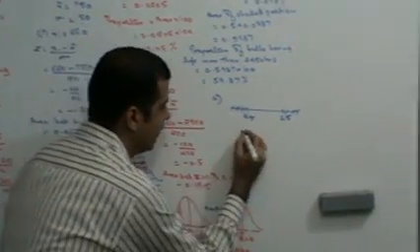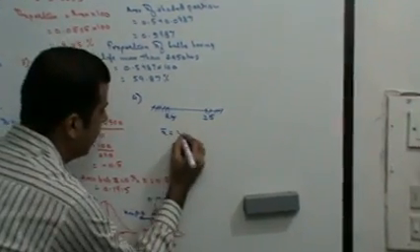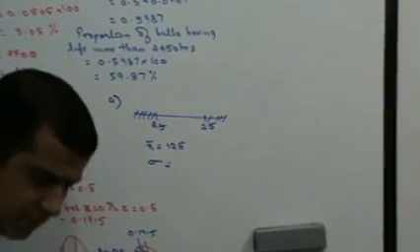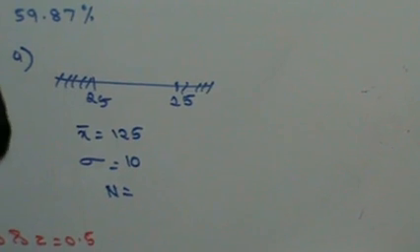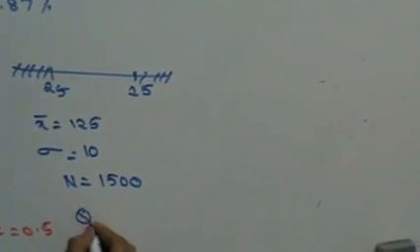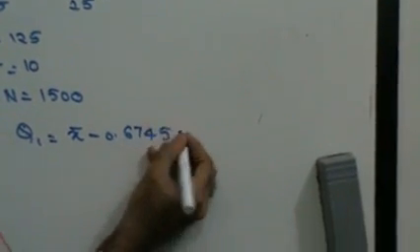Now let's see what is the data given to me. Mean is given to me as 125. Standard deviation is given to me as 10. And number of applicants are given to you as 1500. Right? Now you will have to learn this formula. Guys, for middle 50% I need to find out Q1. Q1 is given by the formula mean minus 0.6745 into standard deviation. Luckily you don't have the derivation of this formula.